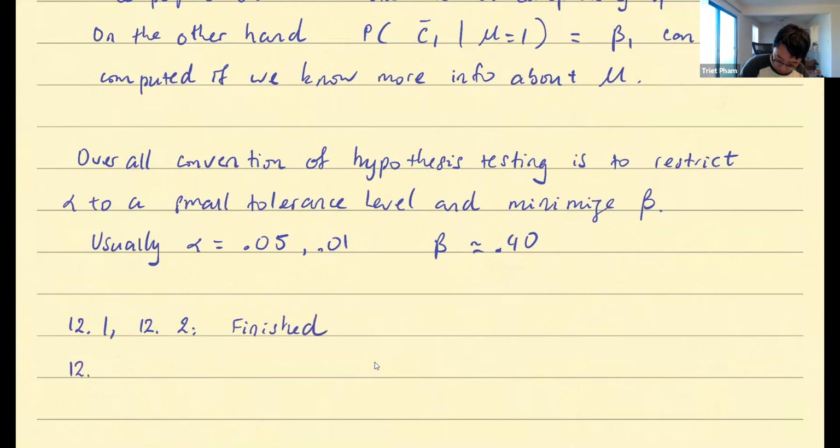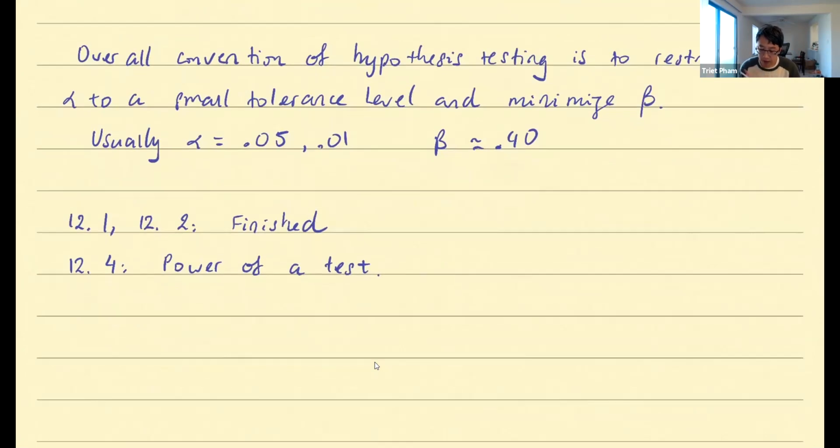Next, we'll talk about 12.4, power of a test. And for that, let's map the next several topics that we're going to be talking about. So for that, let's just go back to our example. Recall our example.